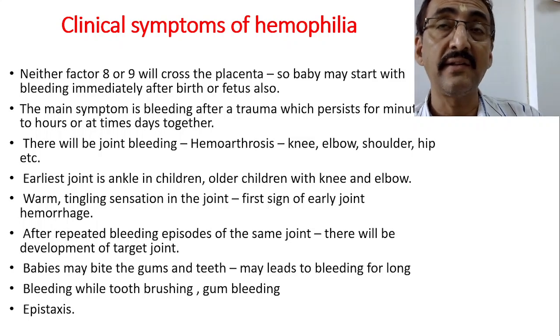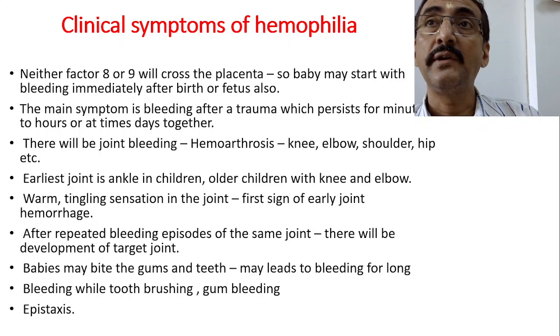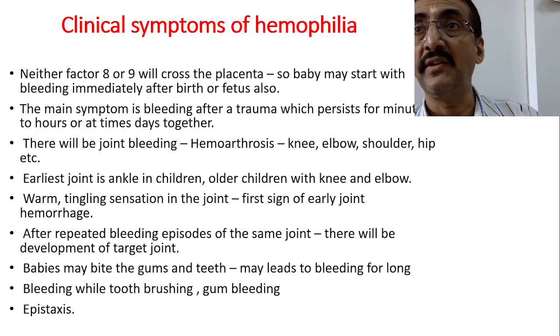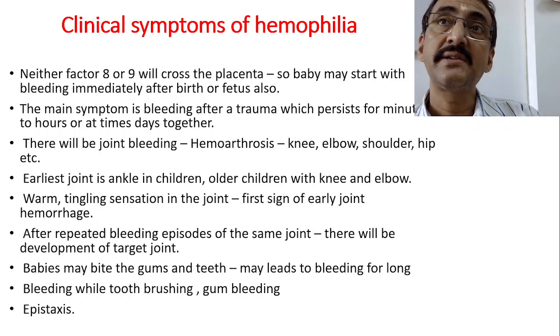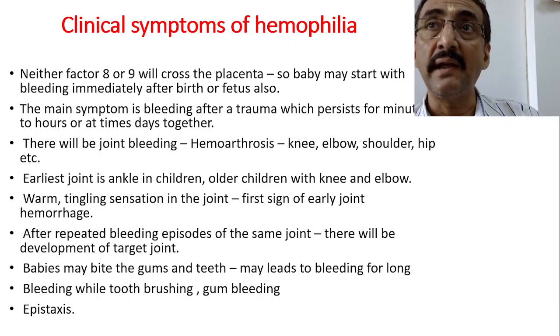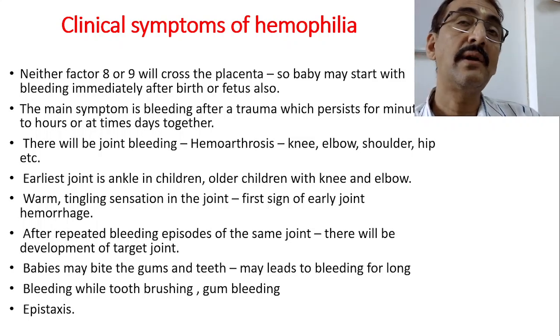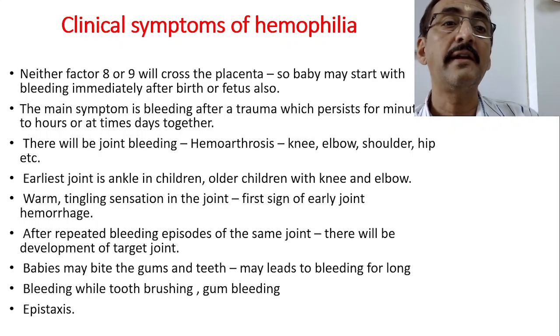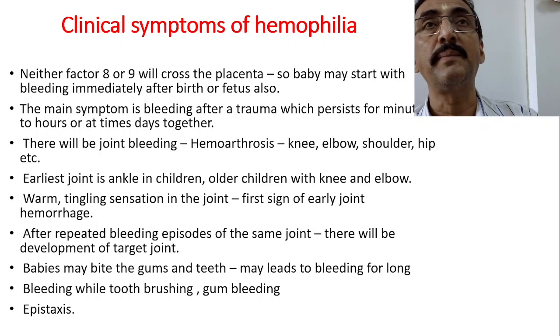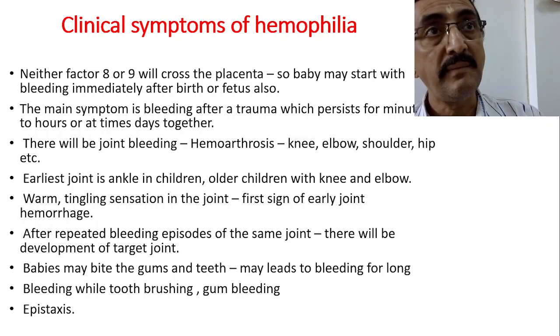Suppose the child has hemophilia, that particular gene is absent or whatever X-linked recessive trait is there, then even the baby may start bleeding in the uterine life itself, because if the baby is not able to produce factor 8 and factor 9, then at least it should come from the mother's side. But unfortunately, mother's factor 8 and 9 will also not cross the placenta.